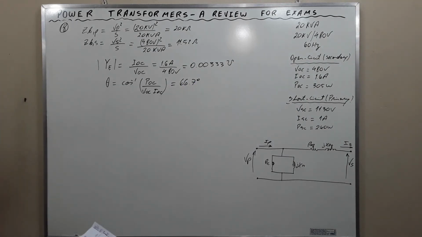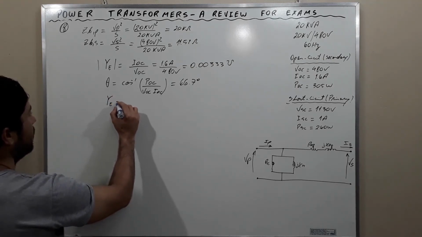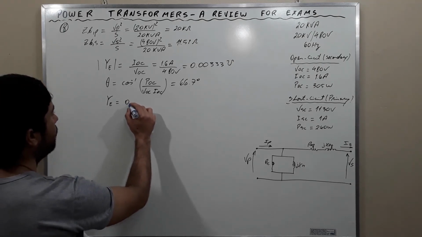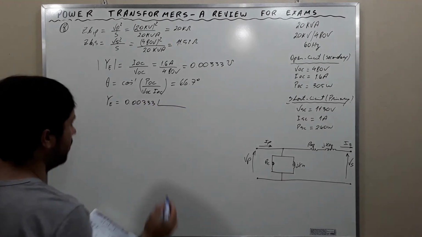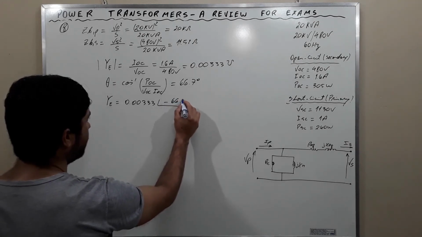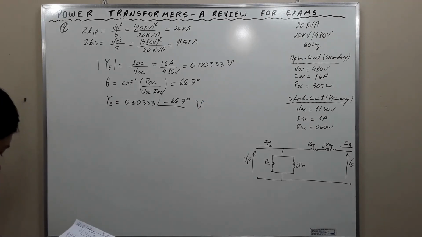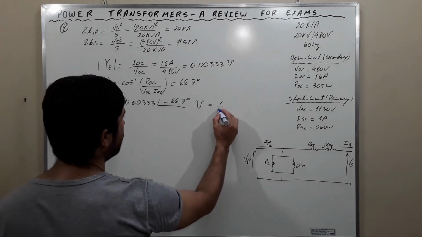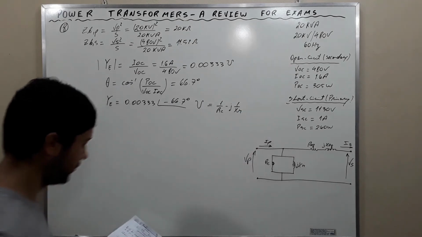And the excitation admittance is therefore equal to 0.00333 at the angle negative 66.7 degrees.